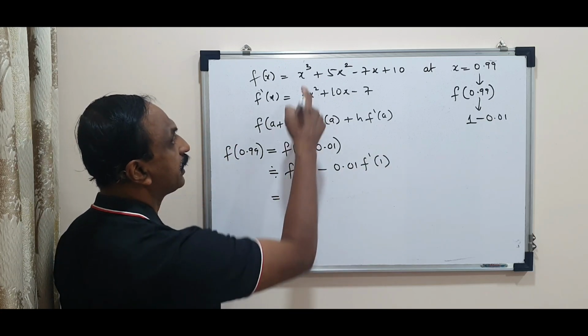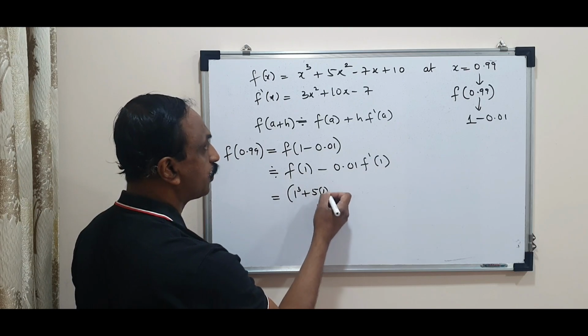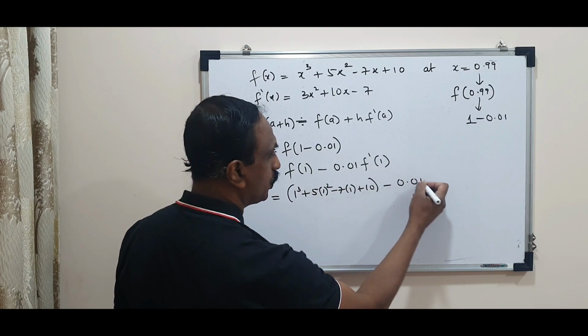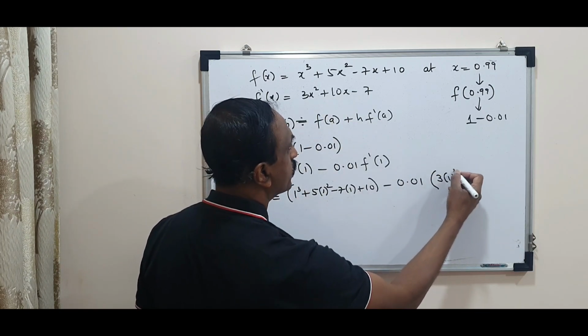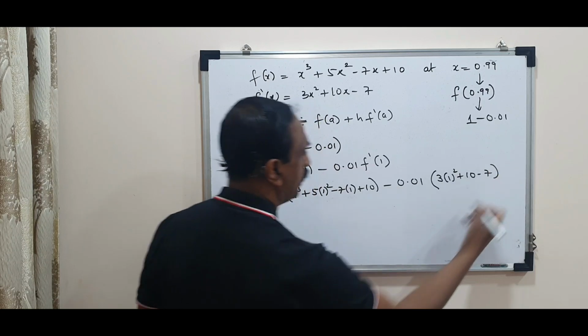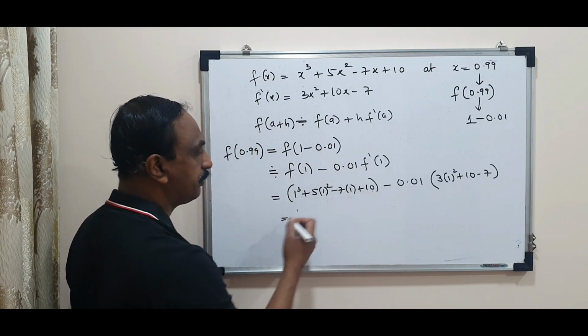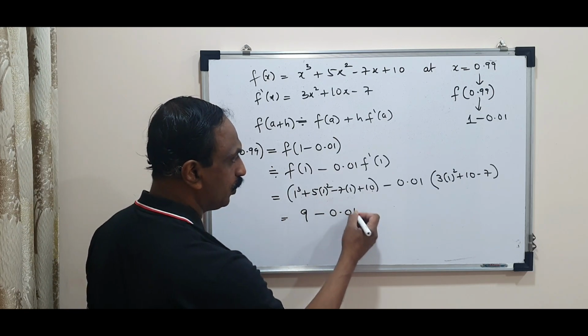F of 1, replace x as 1 here. So 1 cube plus 5 into 1 square minus 7 into 1 plus 10, minus 0.01 into f dash of 1. Substitute over here, 3 into 1 square plus 10 minus 7. 1 plus 5 is 6, 6 plus 10 is 16, 16 minus 7 will give you 9, minus 0.01.